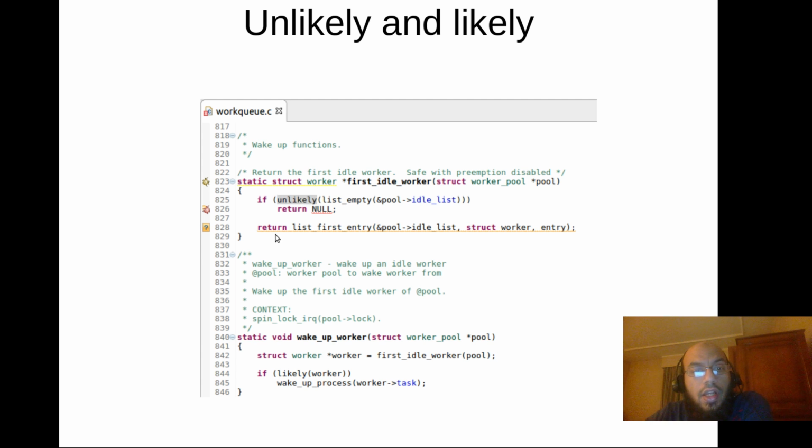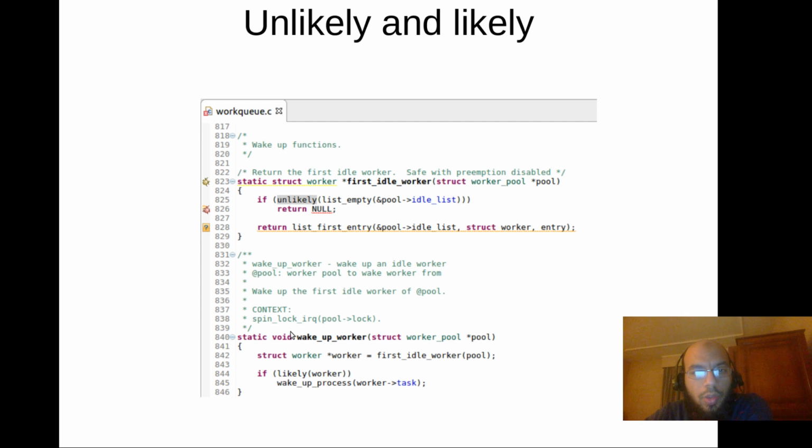And this is another use where the kernel uses likely, and that's the function to wake up an idle worker, which is basically waking up something that is sleeping right now, some process or something.